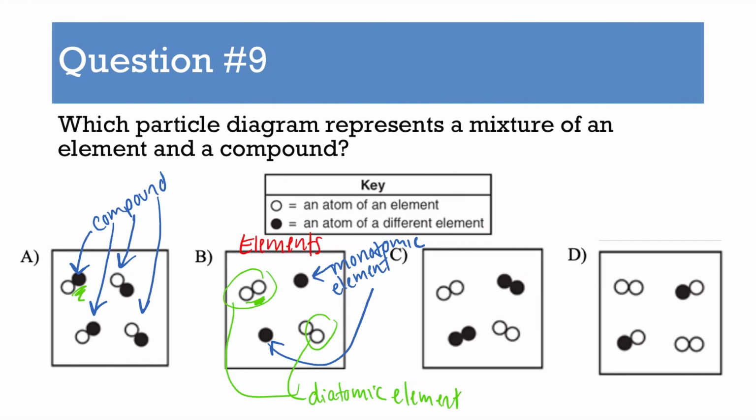If we look at choice C, here is a diatomic element because you have two of the same colors connected, and the black one is also a diatomic element. So all of these are diatomic elements. So again, it's just elements. There's no compounds in there because the question says element and compound. A just had compounds, B just has elements, C just has elements.